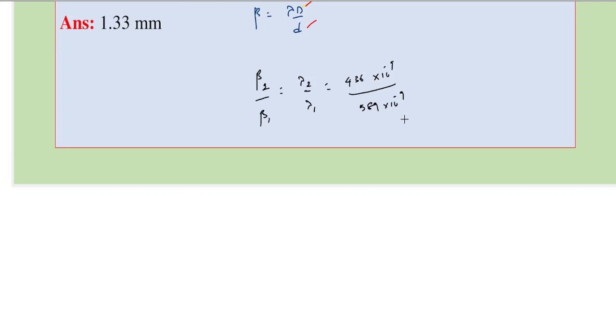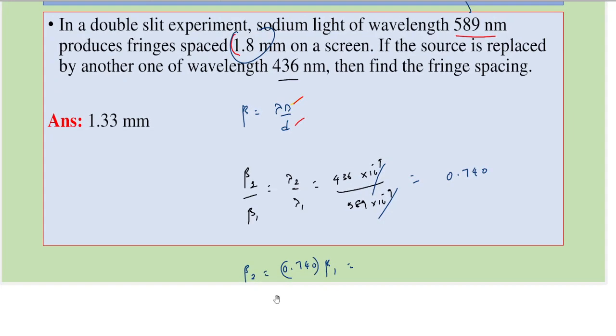And if you cancel this and solve, that's equal to 0.740. Beta 2 is equal to 0.740 into beta 1. But beta 1 is the fringe width corresponding to the first wavelength, which means the first wavelength is taken in this case as 589 nanometer, and the corresponding distance is 1.8 millimeter.